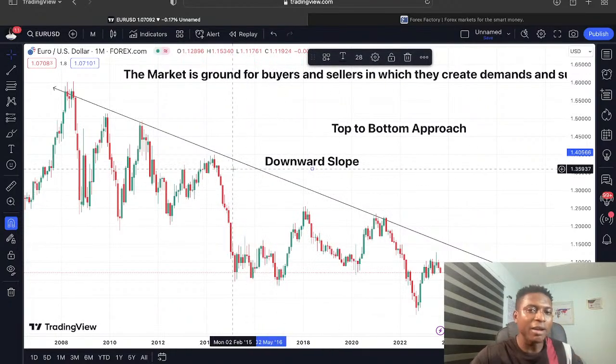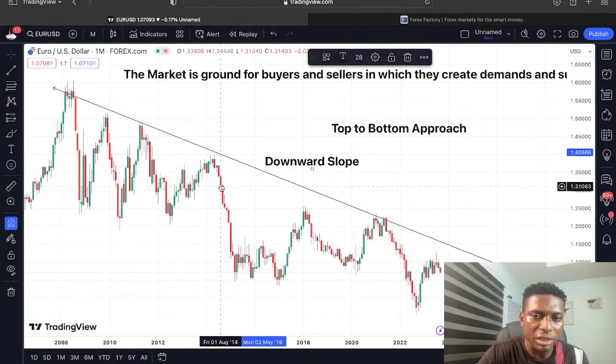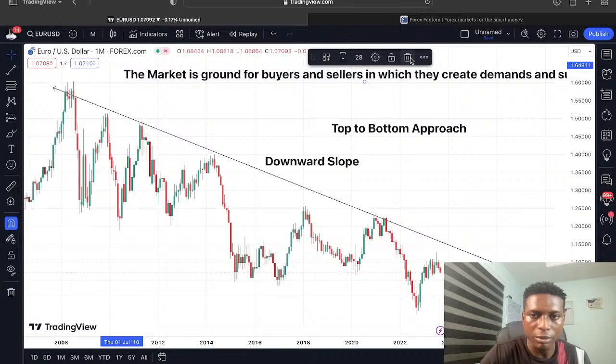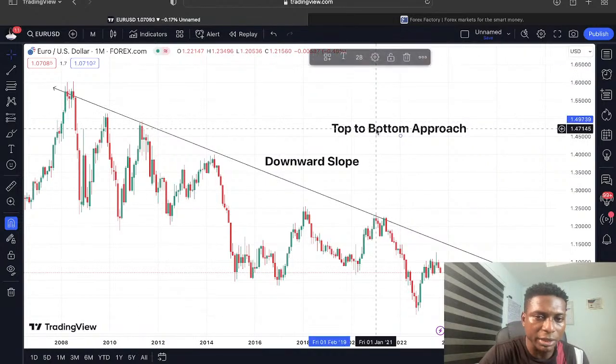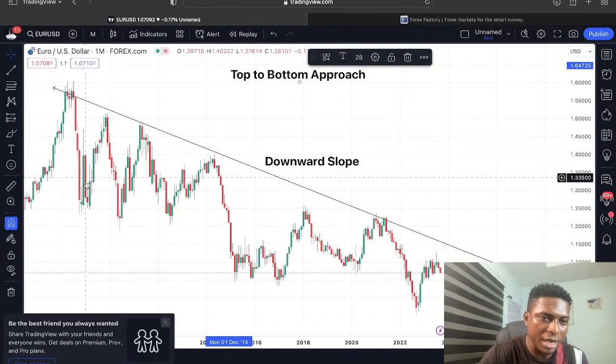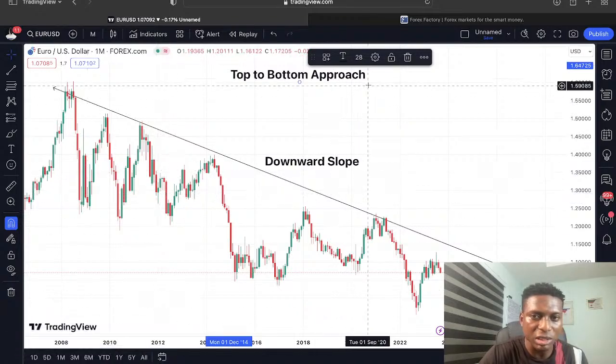However, even on this downward slope, we can see that the market is creating some levels of demand and supply. So let's understand how the market moved from here to this level and back to this level.